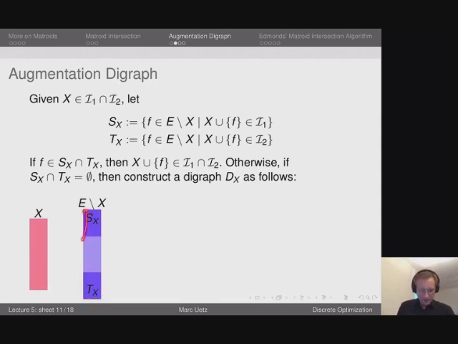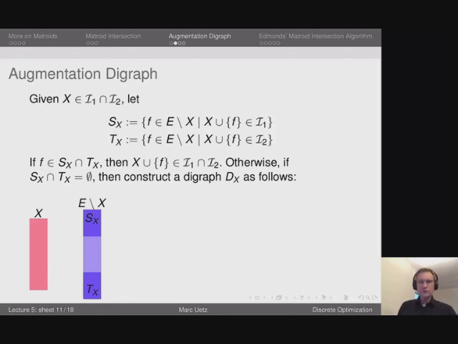Remember, Sx are the elements that I can feasibly add to the set X with respect to the first matroid, and Tx are those that I can feasibly add with respect to the second matroid. And the whole picture makes sense, since these two sets are disjoint, that was our assumption, so they are not overlapping. So the picture is correct as it is. Those are the vertices of this directed bipartite graph.